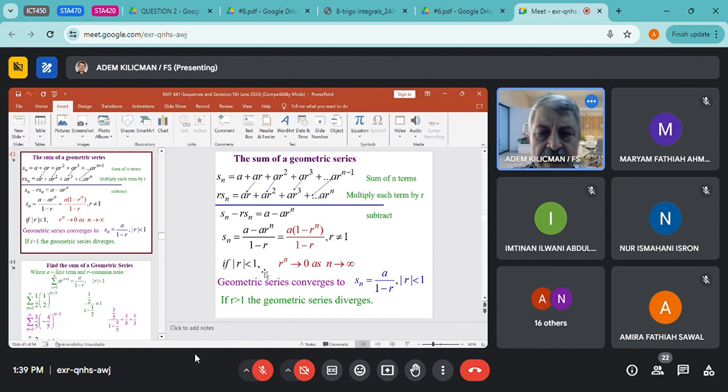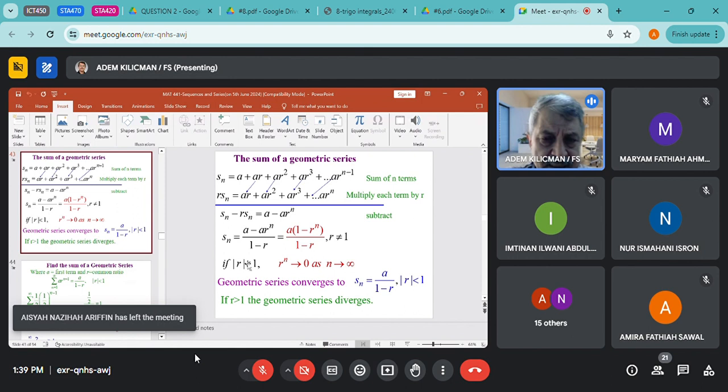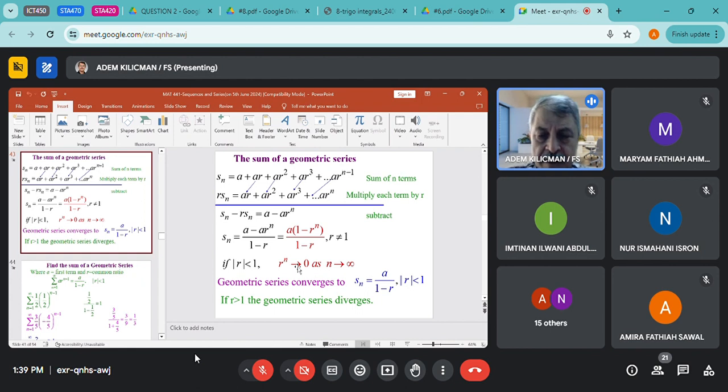So now, if the absolute value of R is less than 1, the power R^n goes to 0. For example, 1 over 2 to the power n, or 1 over 3 to the power n. In other words, when the absolute value of R is less than 1, R^n tends to 0 as n goes to a large number, or n tends to infinity.